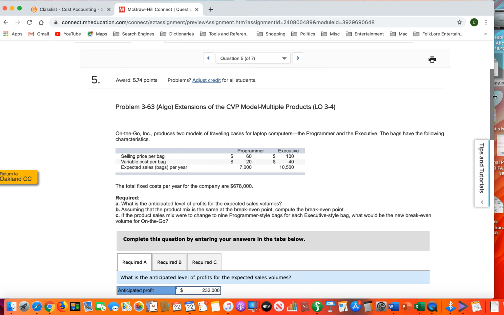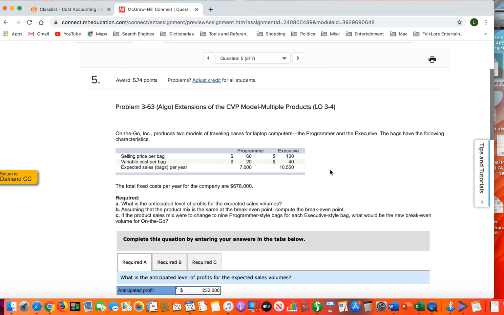Okay, so let me go over that again, because they want the anticipated level of profit for the sales volume. If they sell 7,000 programmer bags and 10,500 of the executive. Well, we know that profit is sales minus variable cost, which gives you contribution margin, minus fixed cost, and that will give you the profit.